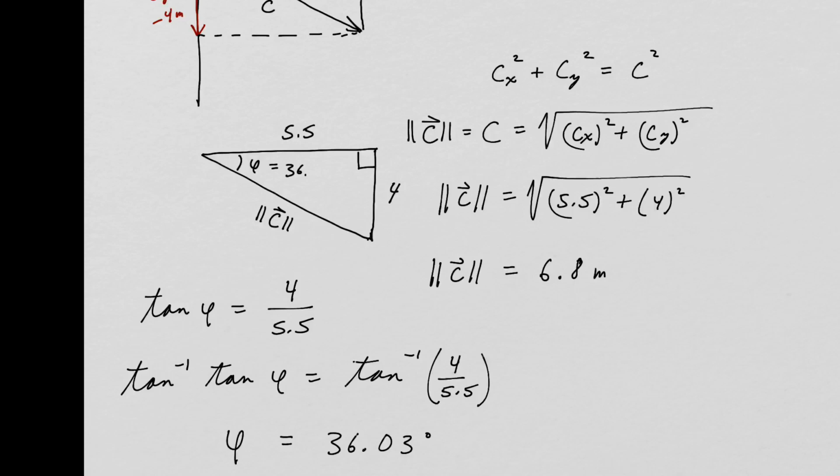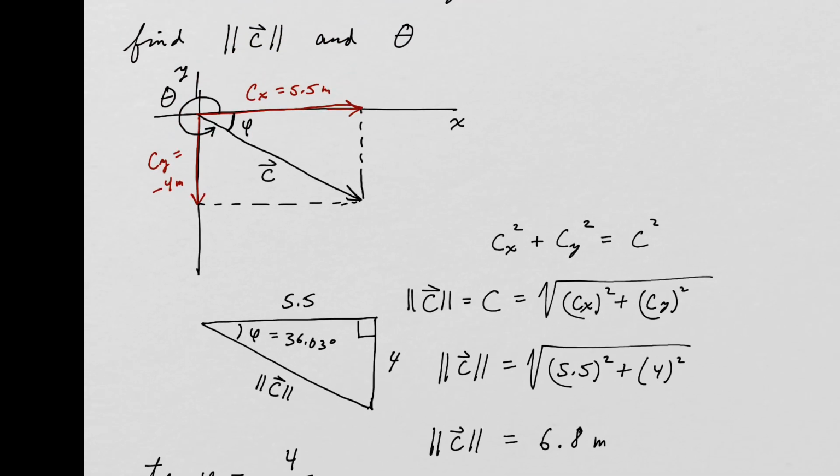Okay, so this angle right here is 36.03 degrees. But then ultimately, we want this angle, from the positive x counterclockwise, which I'm calling theta. So how do I get that? Well, if I do 360, which would have been all the way around, minus phi, that's going to be the correct angle for theta.